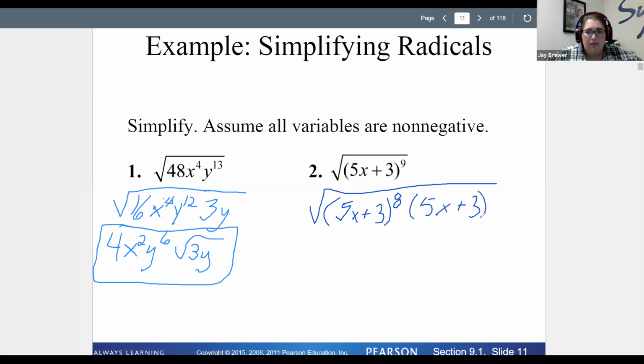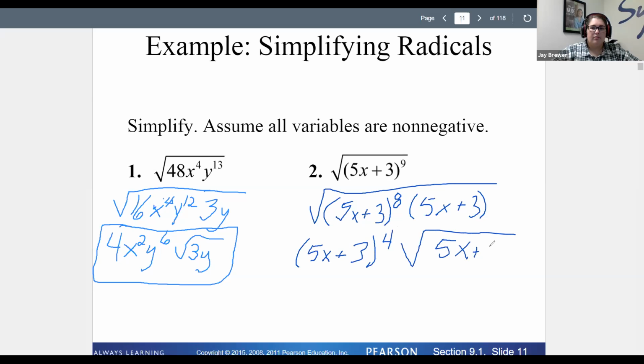Now I can do that because they're being multiplied, and 8 plus 1 gives you 9. Okay, how many pairs are in 8? 4. Very good. So we're going to bring out 5x plus 3 to the 4th power, square root of just 5x plus 3. And that is that answer.